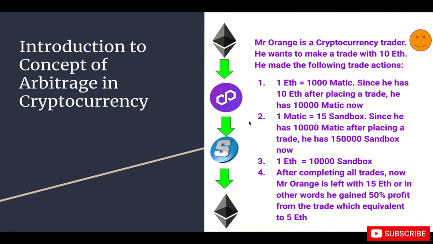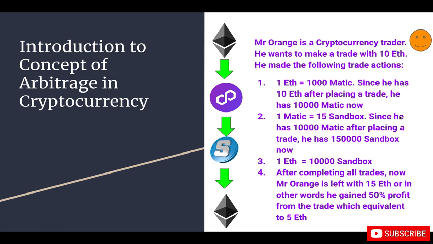Okay, so now let's move on to the second trade here. He checked again in another decentralized exchange. One Matic is equivalent to 15 Sandbox. He wants to purchase this token, Sandbox. Just in case you have no idea what Sandbox is, it is a metaverse gaming platform.